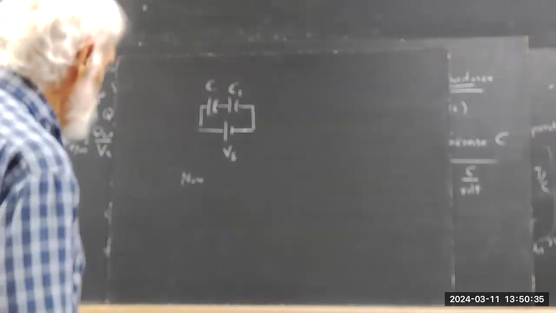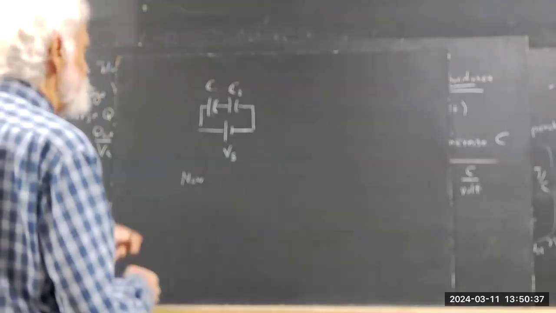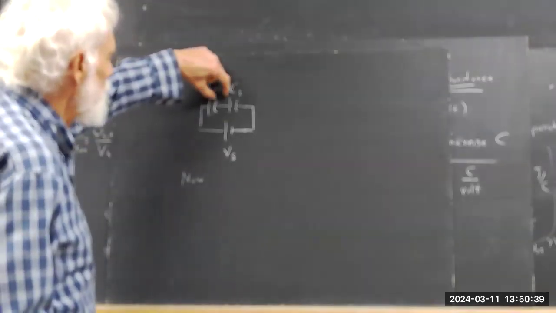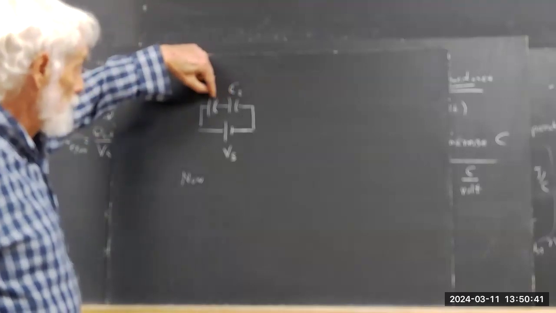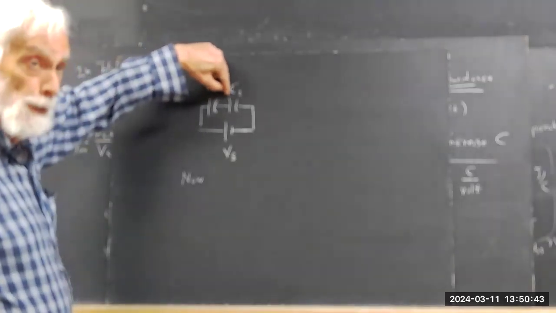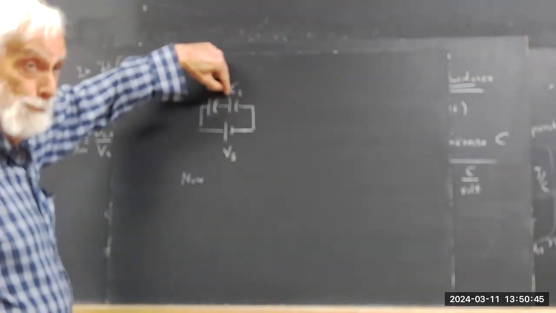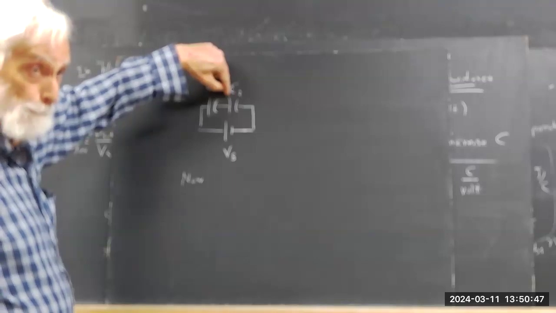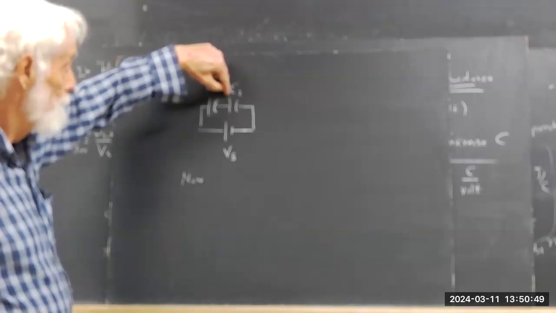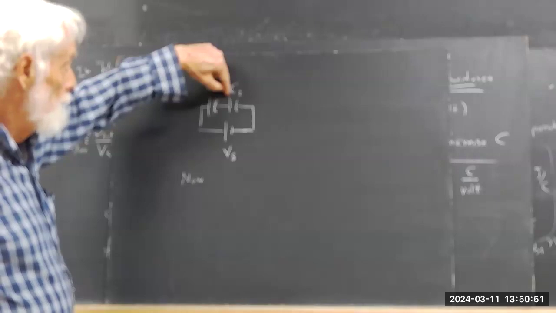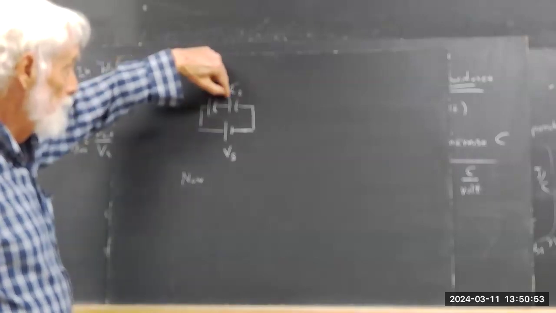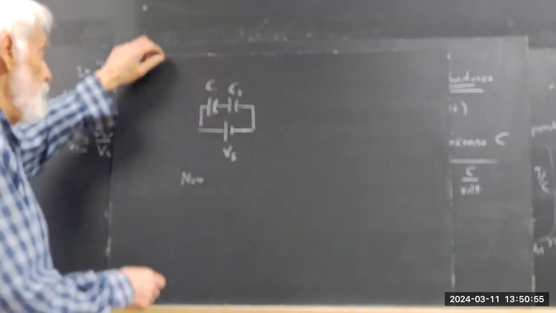But what you have now is that the charge on this plate and the charge on this plate have to be equal and opposite. Meaning the charge on this plate and the charge on this plate have to be the same.